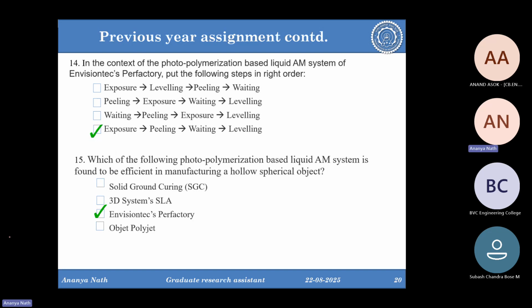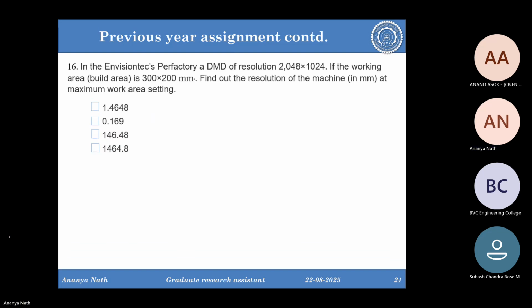This is the process where liquid is used. So in other SLA, like the 3D Systems SLA process, if you're printing a hollow thing, the hollow space will be filled by the liquid resin. But here it will not be. So you'll see why.